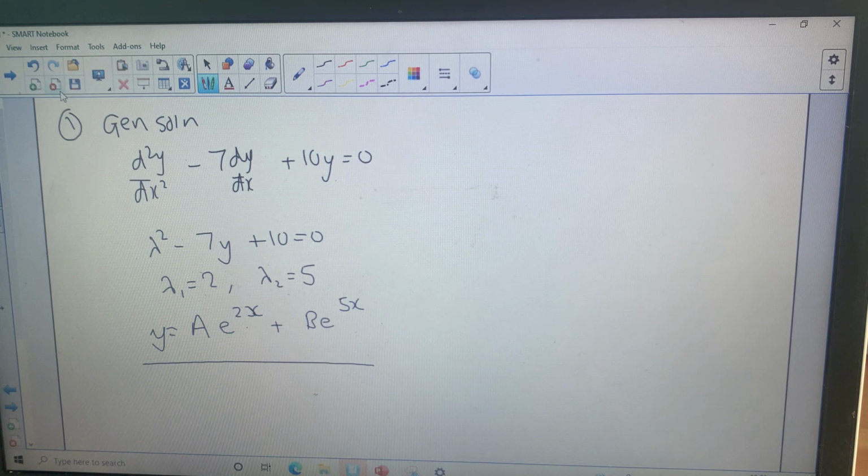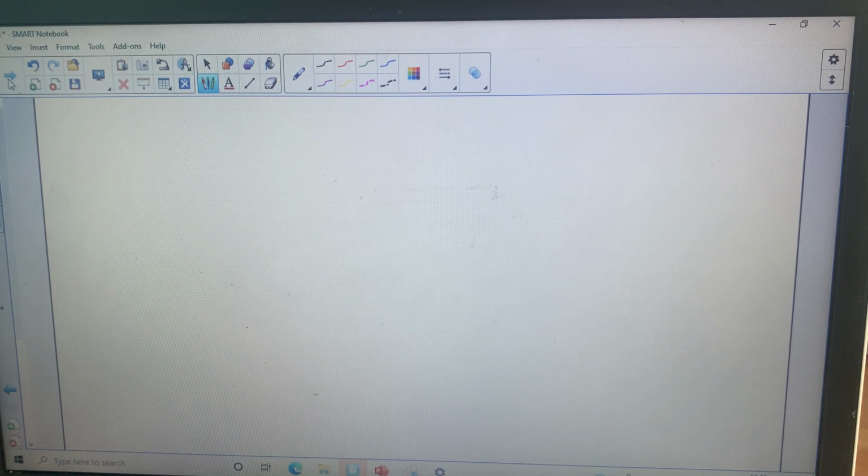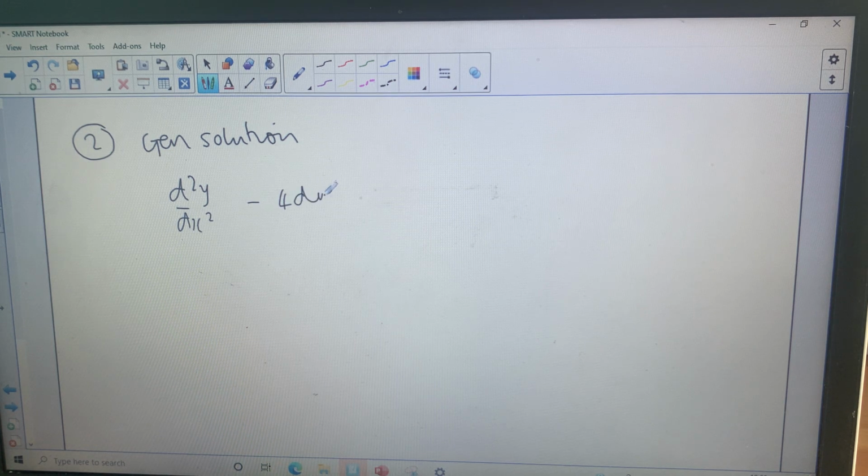Second example. Number 2. We want the general solution, and this time it's 2 d2y dx squared minus 4 dy dx plus 5y equals 0. So again, the first thing that I do is I create the auxiliary equation.